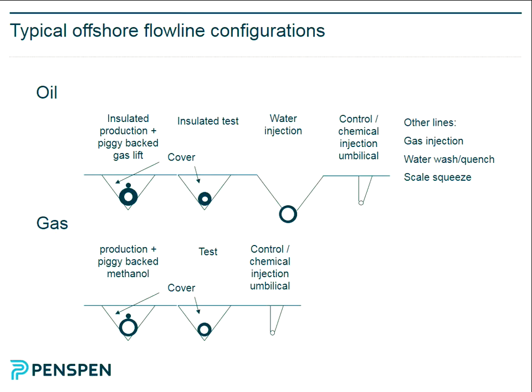Normally you have a production line, an insulated production line, and sometimes you have a little line connected to the top of it as well, called a piggyback line. Now that piggyback line typically is used for gas lift. Gas lift is another production enhancement technique.